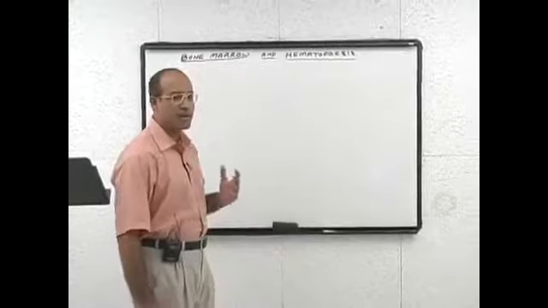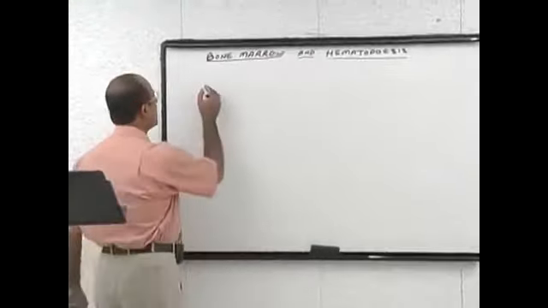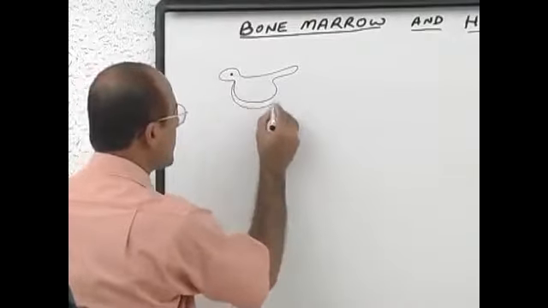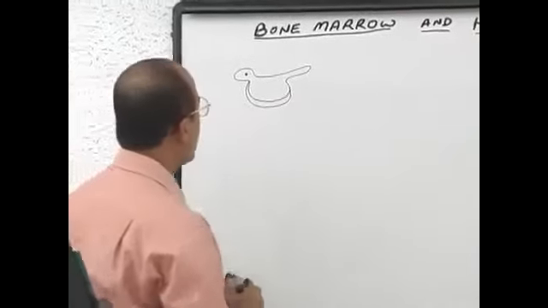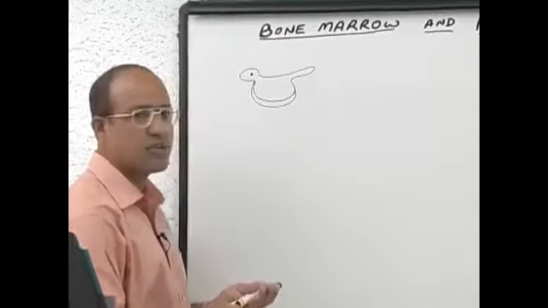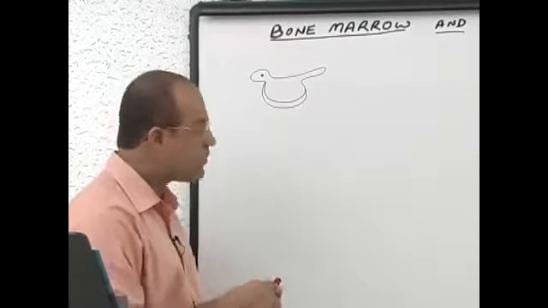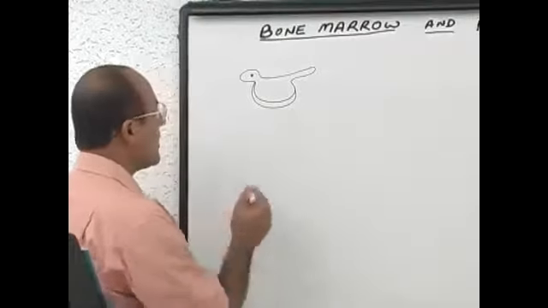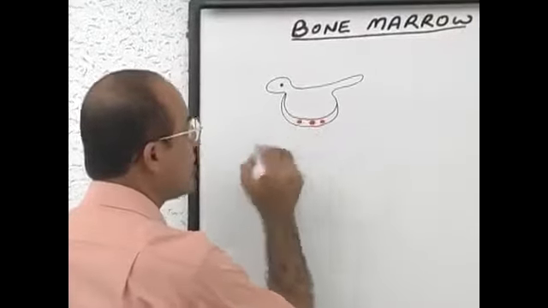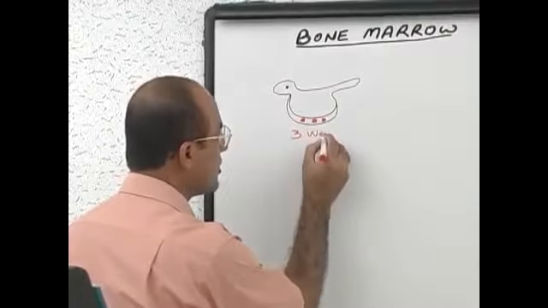Let's start with the very beginning, from embryonic and fetal life. First of all, the cells which make this, this is the yolk sac, right? In the fetal life, or rather embryonic life, very early life, the cells which are responsible for the function of hematopoiesis first appear in the yolk sac, around the third week of gestation.